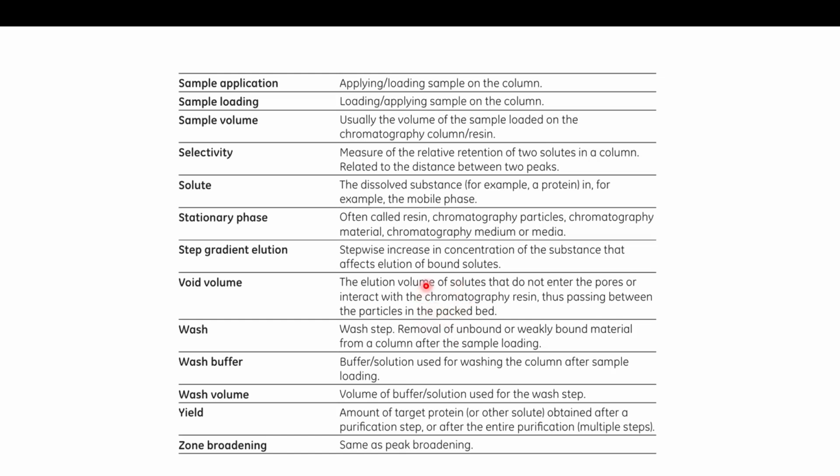Okay. Then there's always a wash or wash buffer. Usually, suppose you want to purify a protein. You have first equilibrated the column, giving it the same conditions that the protein requires, or the pH conditions that the protein needs to maintain a specific overall charge on it. But then the protein is bound to the matrix. But along with that, some other contaminants might also be bound to the matrix.